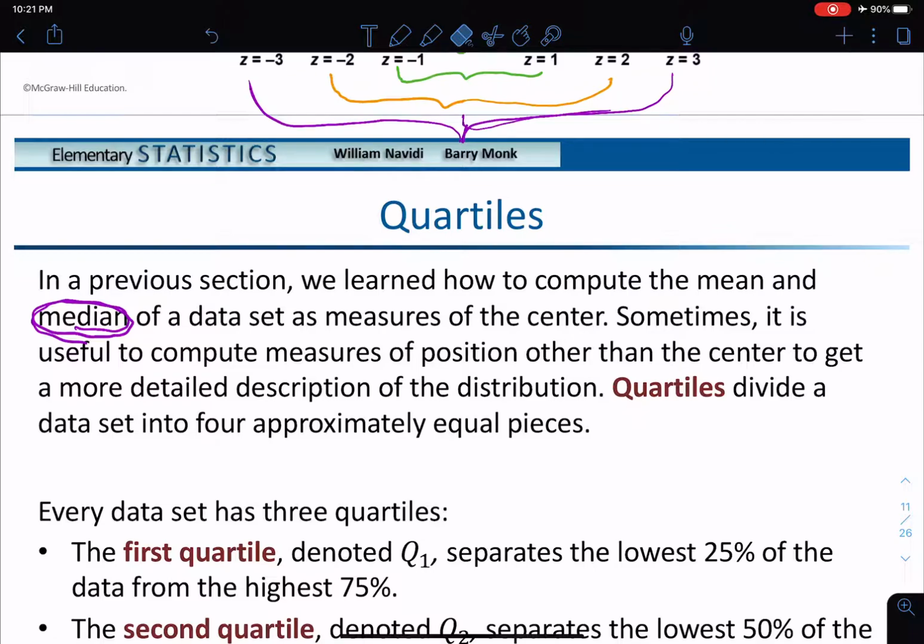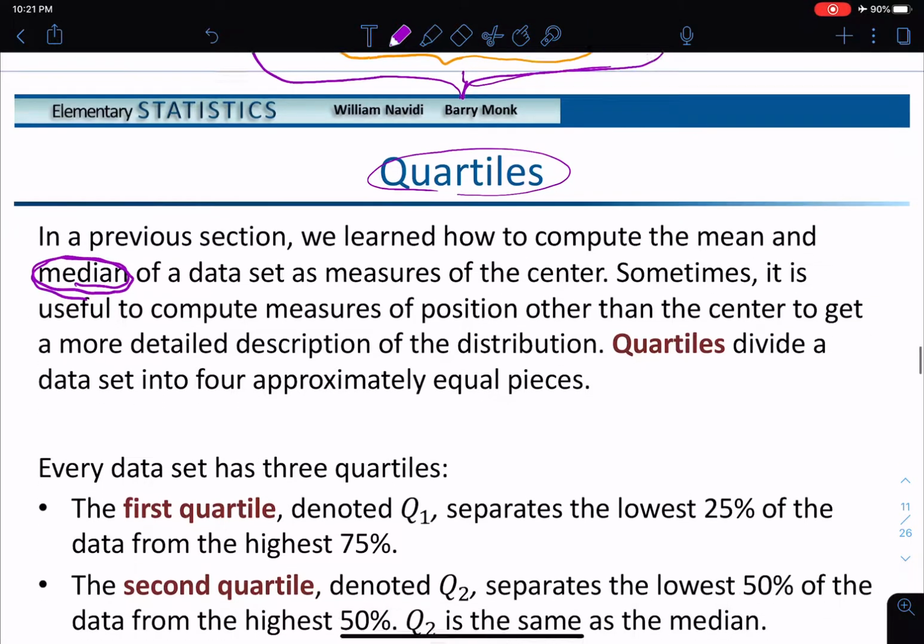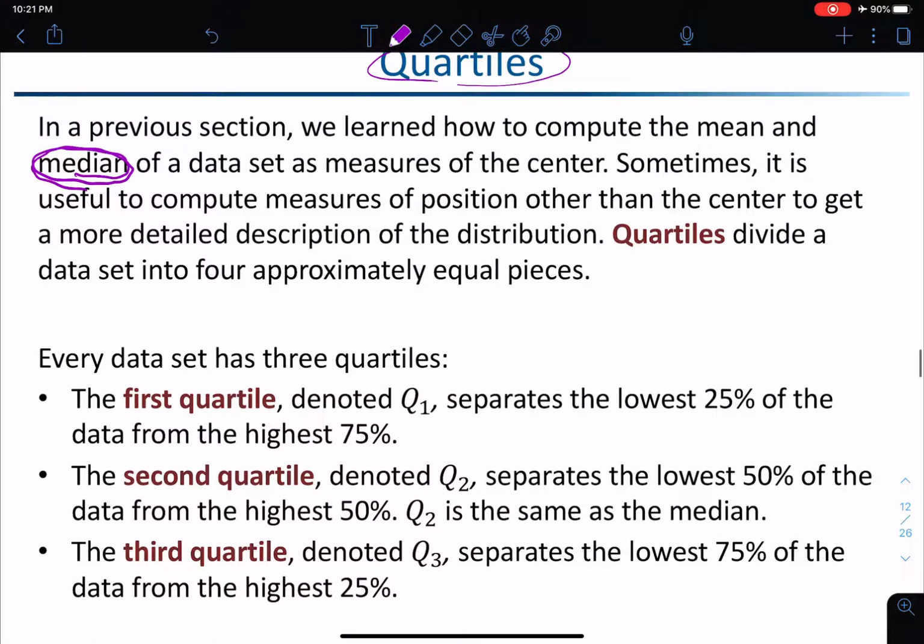Okay, so quartiles, just the language, quartiles refers to quarters, right? So quartiles divide the data set into 4 approximately equal pieces. And when you chop things into 4 equal pieces, you're talking about quarters, right?